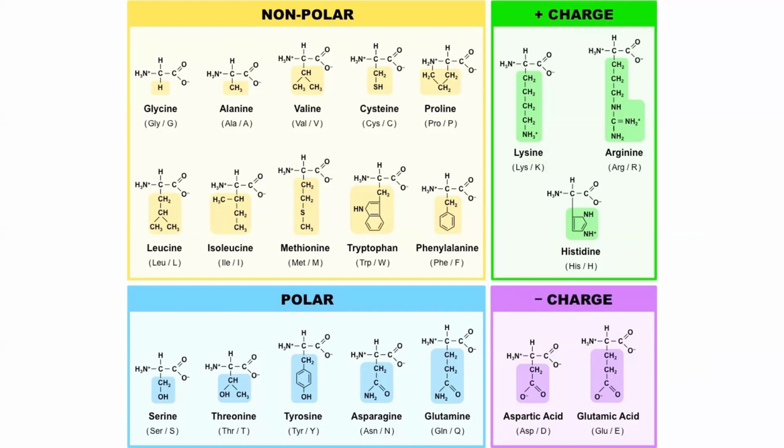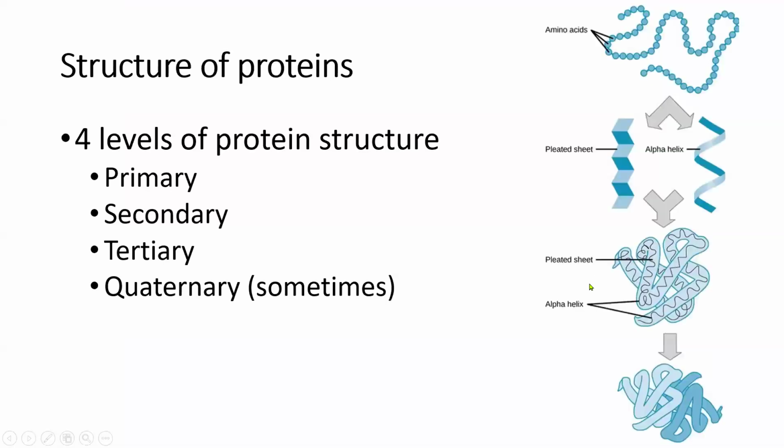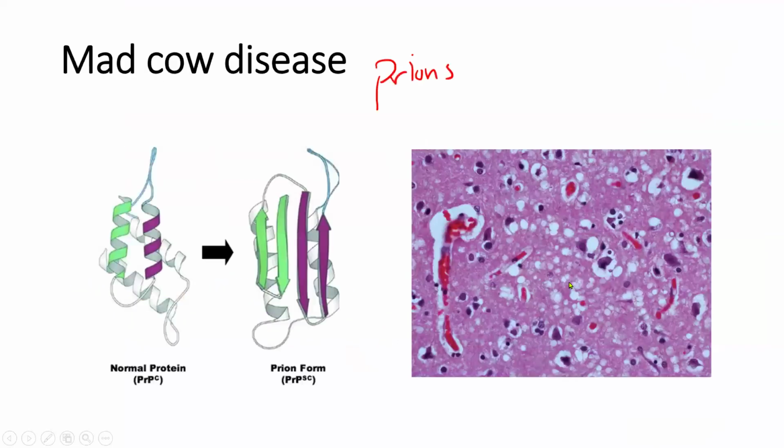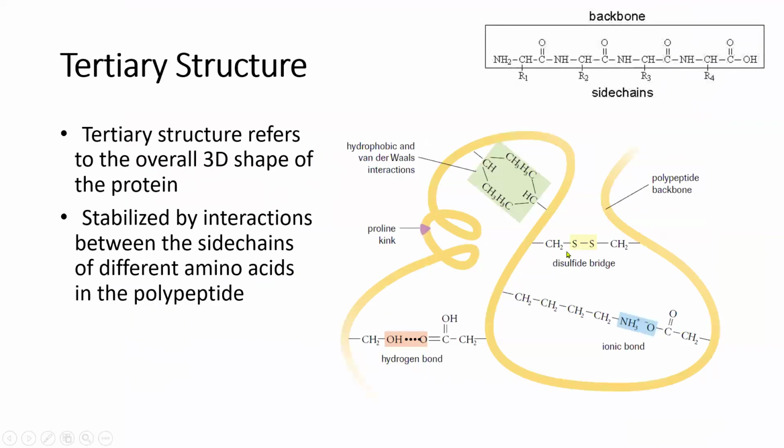Same thing, non-polar parts might come together, polar parts might come together, and that allows you to stabilize the overall three-dimensional structure. You do not have to memorize any of these examples here. Just know that they basically form connections from different parts of the protein, and it holds the 3D structure together.